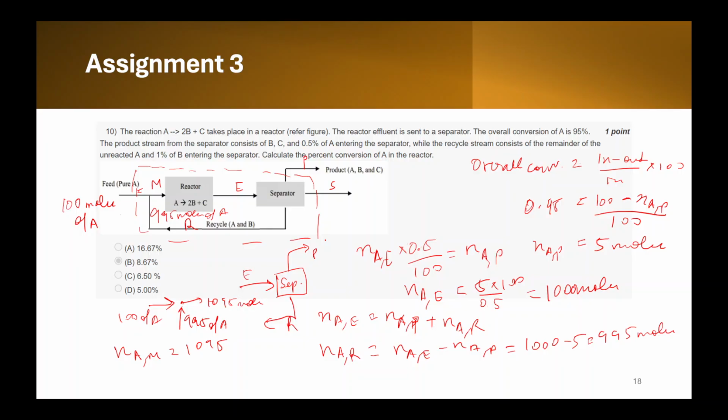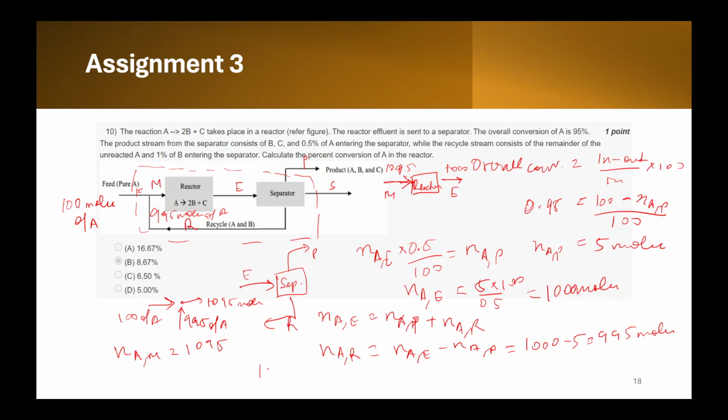Okay. So in your reactor, this is your M stream and this is your E stream. So E is your, how much was that? Na,E was 1000 and coming in is 1095. So you can find out the percent conversion of A in the reactor.